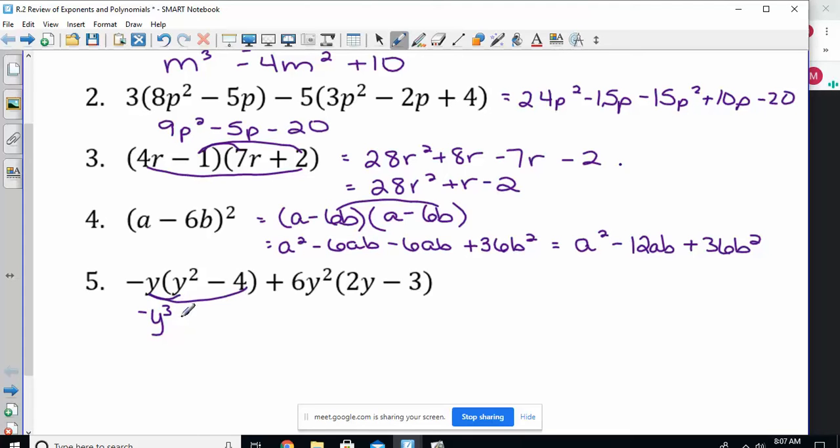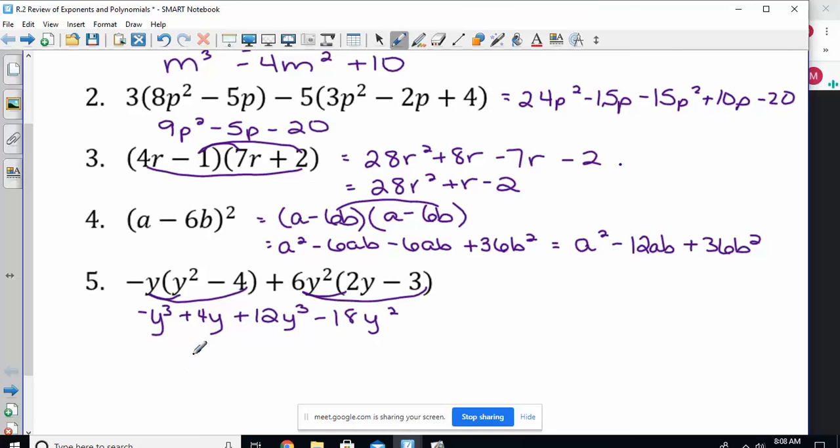Negative y times negative 4 is positive 4y. 6y squared times 2y, remember just add the exponents, so that's 12y to the third minus 18y squared. Okay, we need to combine like terms.